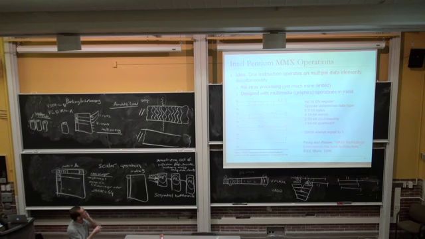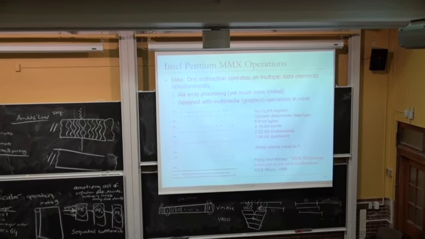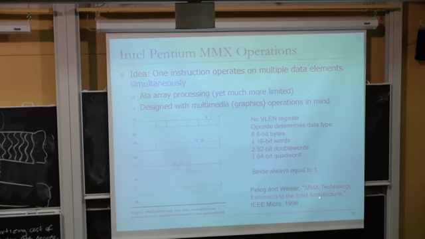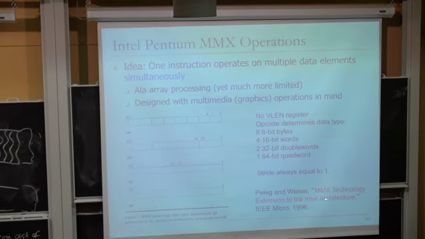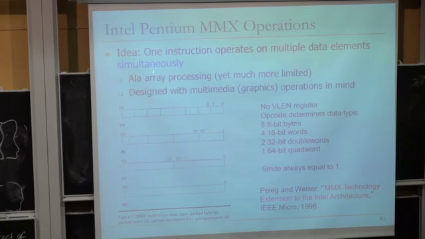This is the Pentium MMX operation. This was one of the first ISAs that introduced array level parallelism, if you will. And this is a very good paper to look at if you're interested in learning about these. So basically, the idea was to have one instruction operate on multiple data elements simultaneously. It's array processing, yet much more limited than what I described before. Why much more limited?